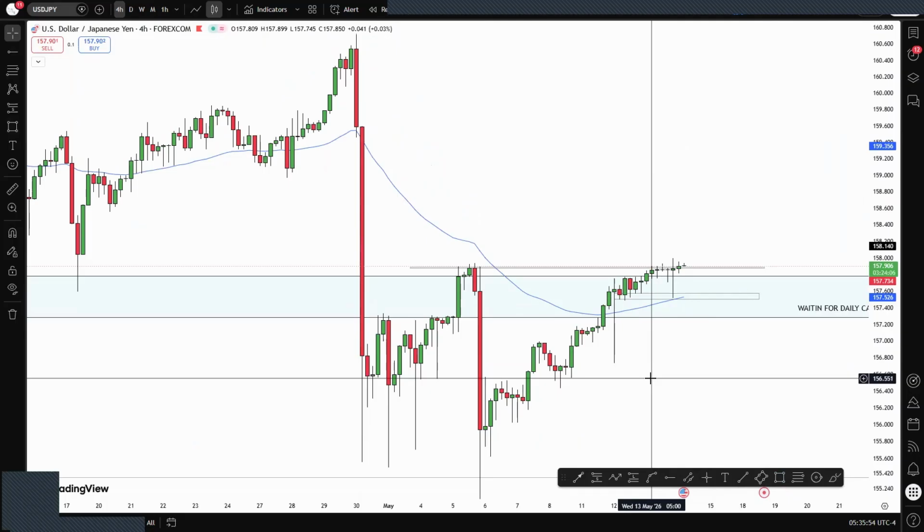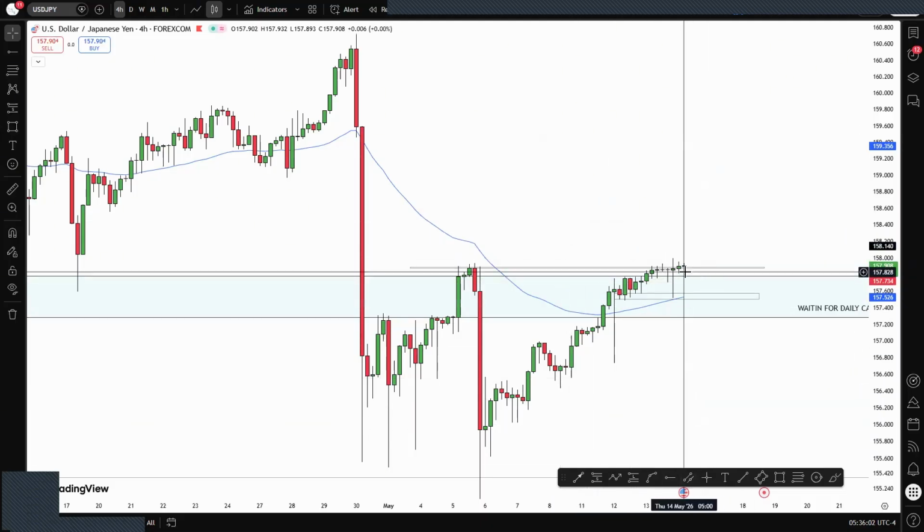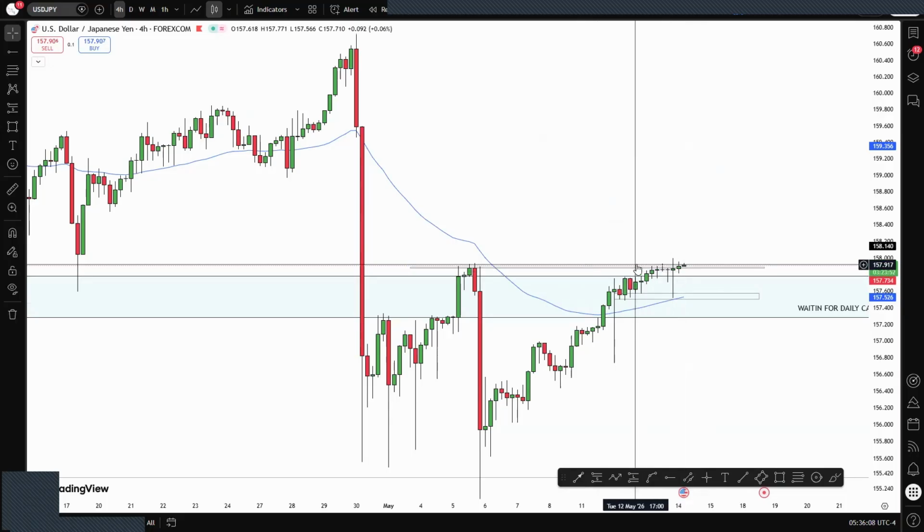So we can catch buys along this level, since we've already shifted on the forward time frame.